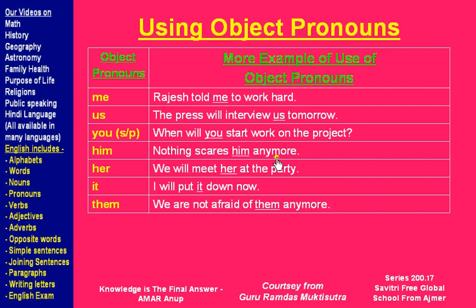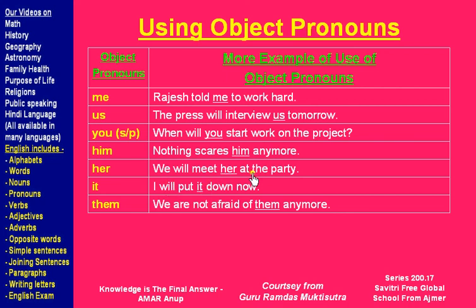Nothing scares him anymore. Now here him is an object pronoun and it is used in a sentence. So the action of scaring is there, he is the recipient of that, and he is not scared anymore.